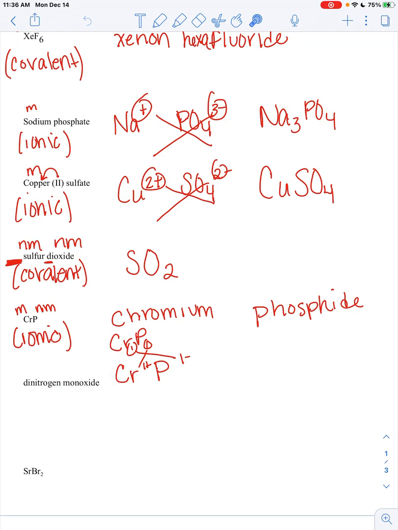So that means we need to multiply this by 3. So we end up with Cr3 plus P3 minus. Now that your negative ion has the correct charge, that 3 becomes the Roman numeral. The charge on the metal always becomes the Roman numeral.